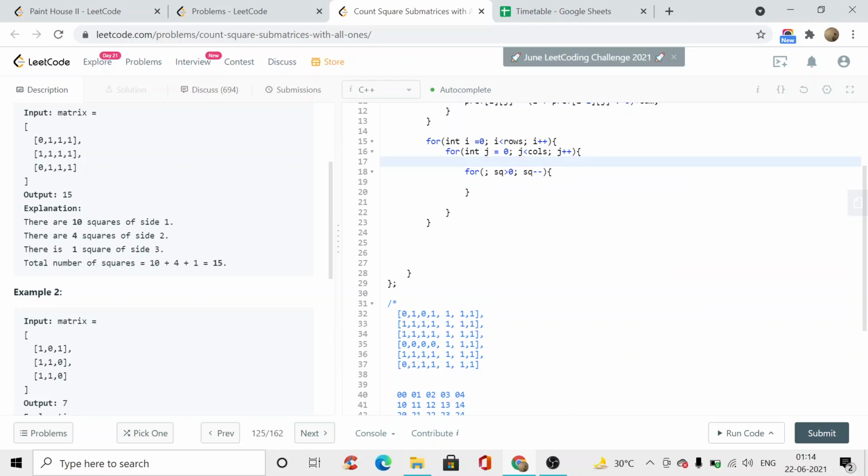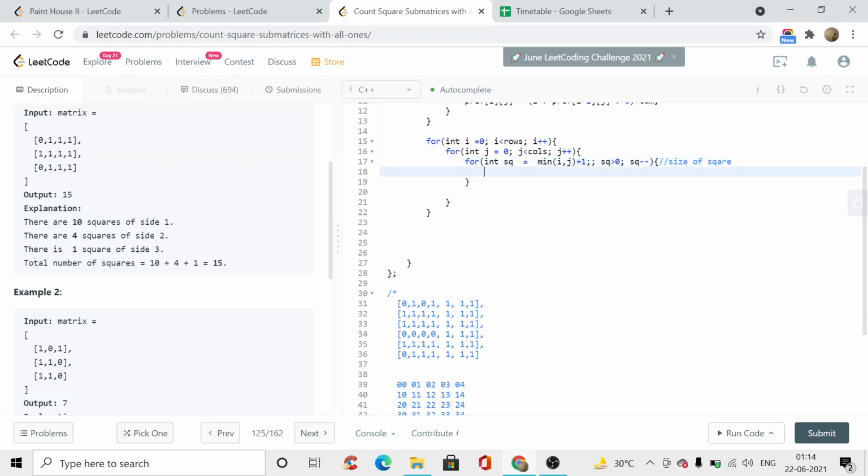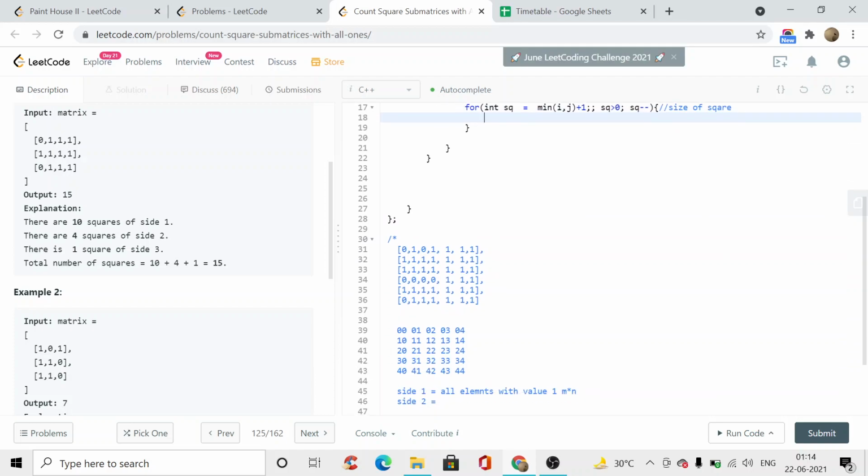Let's just use this value over here. And now I know that it's going to be the size of the square. So this will help me: if I'm at 4 comma 2, I know I have to find first a square of size 3.